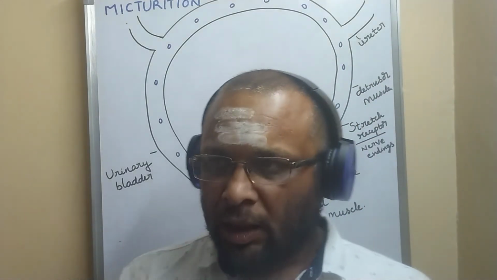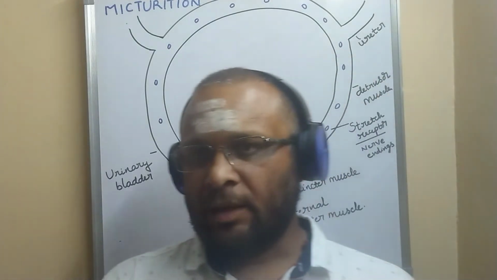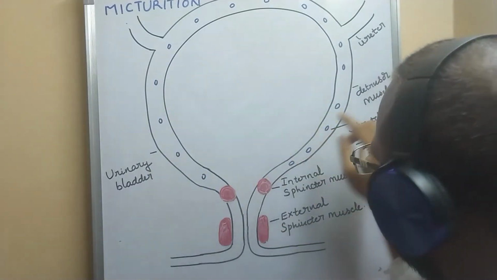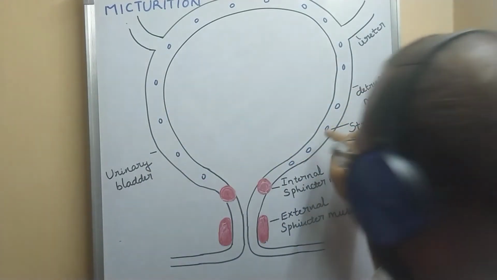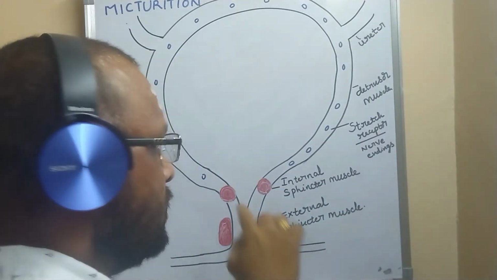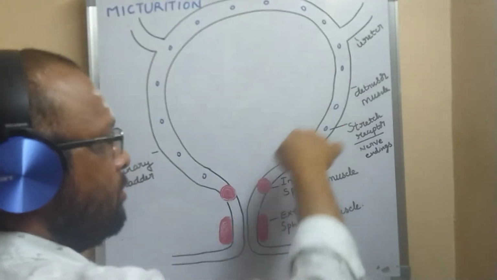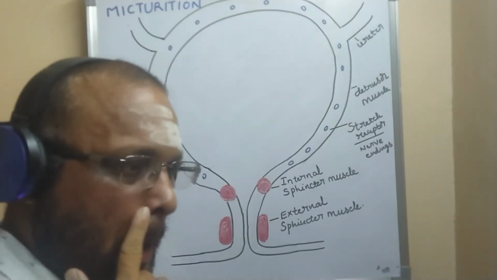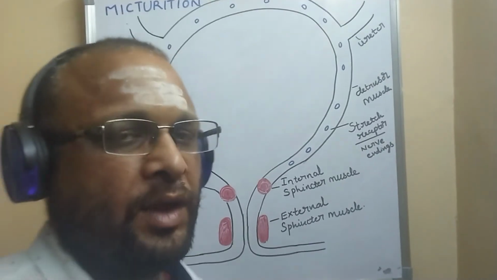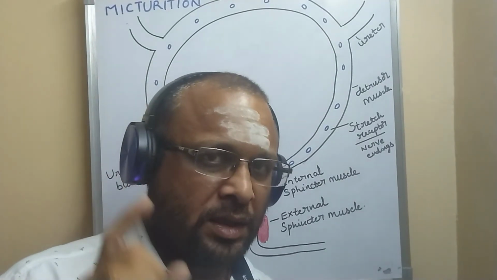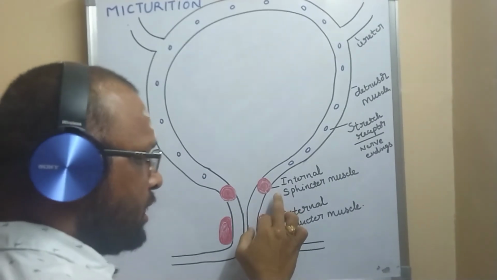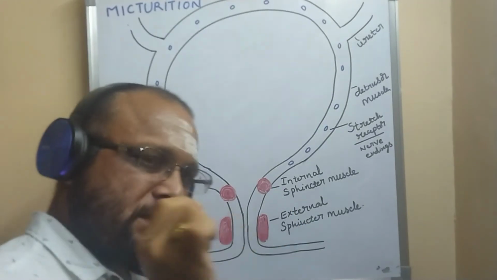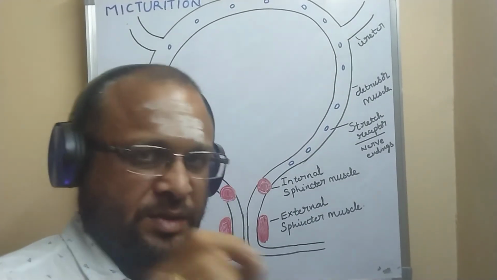Another thing I have to explain: the detrusor muscle is present in the urinary bladder. The detrusor muscle is under the control of the spinal cord. The internal sphincter muscle is also under the control of the spinal cord.